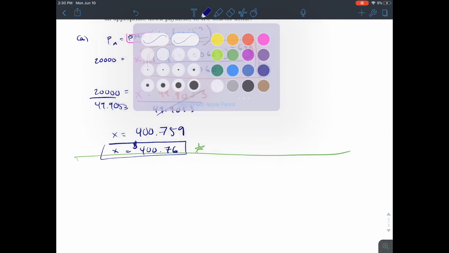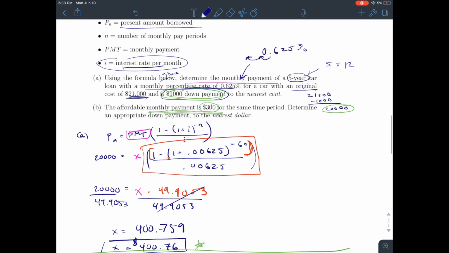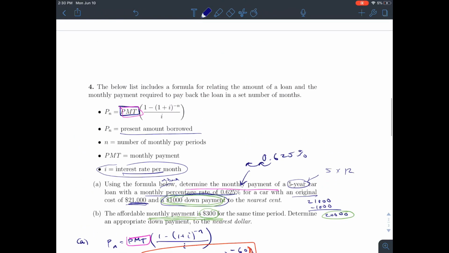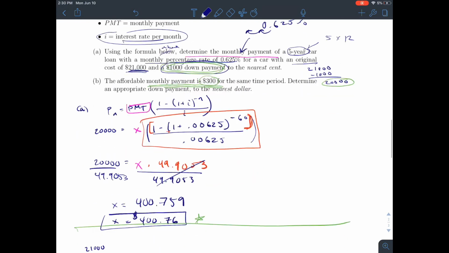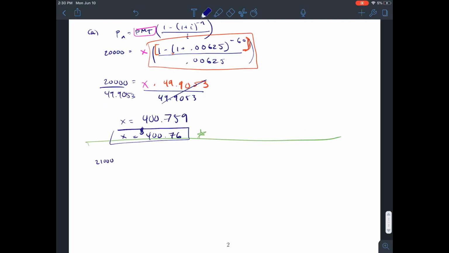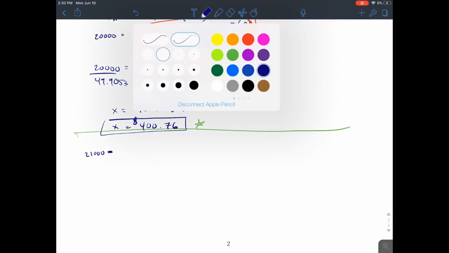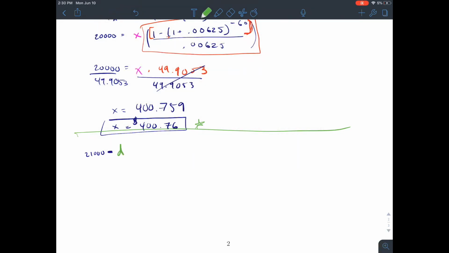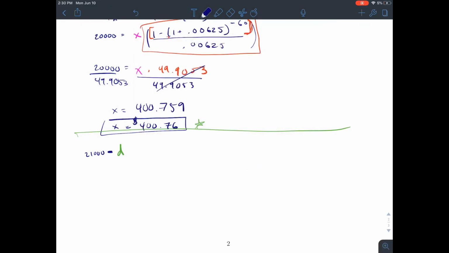So the amount that we'll have to take out the loan for, that's going to be the full price of the car minus whatever we have as the down payment. So this time we don't know the down payment. So I'll call it D. And then for the rest of it, we actually do know the formula.